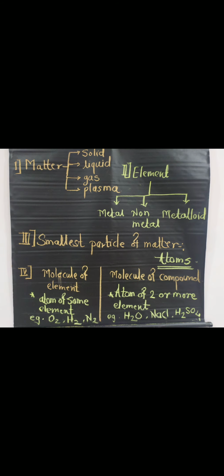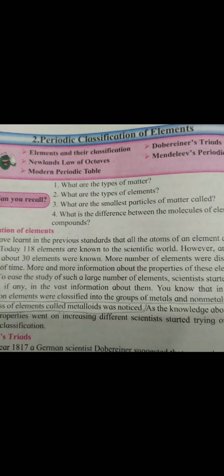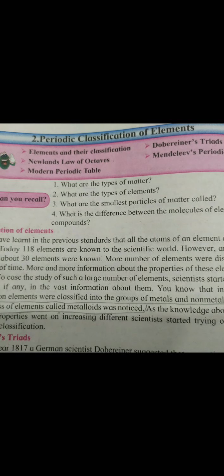Next, classification of matter. Today 118 elements are known in the scientific world, but the more elements are discovered in the course of time, the more information is gathered, so there is a need for classification.